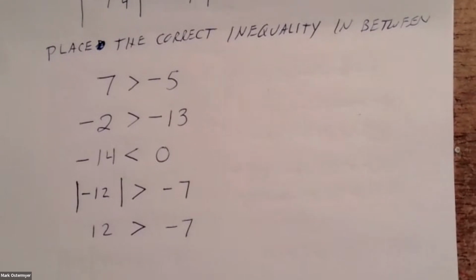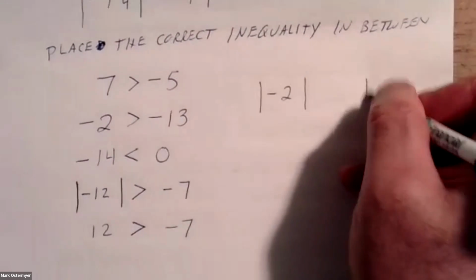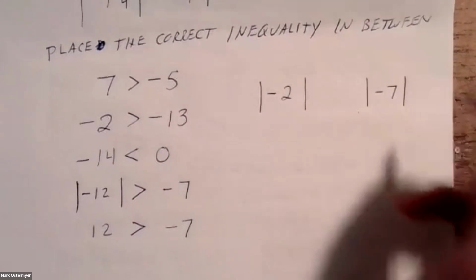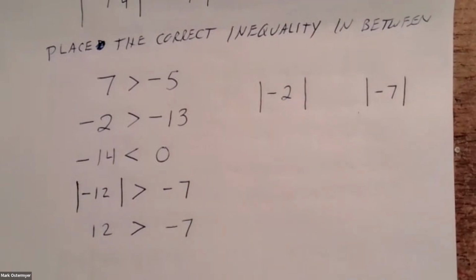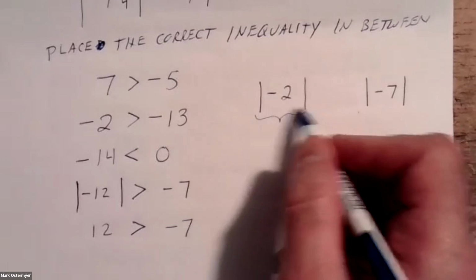All right. How about the absolute value of negative 2 versus the absolute value of negative 7? Which one's greater? Which one's smaller? What's the absolute value of negative 2? What is this equal to? 2. And this is equal to 7.